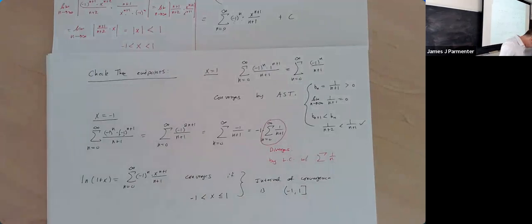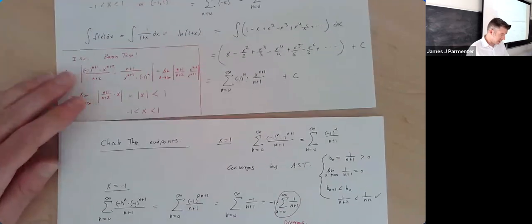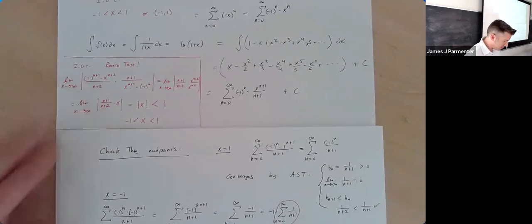Is there anything else I want to say here? So it is not a coincidence that the intervals are practically the same. The original series, 1 over 1 plus x, which I know is way up here, sorry, give me 1 second.